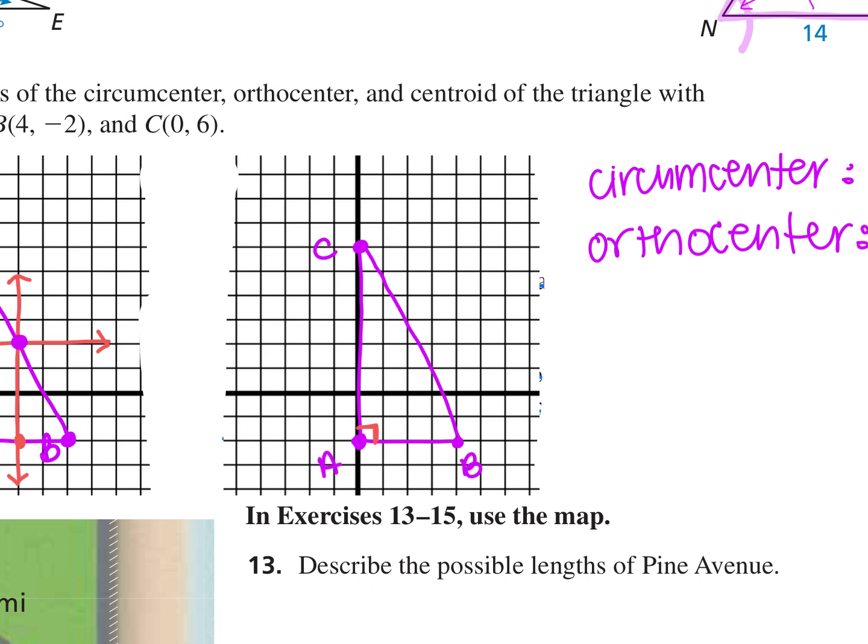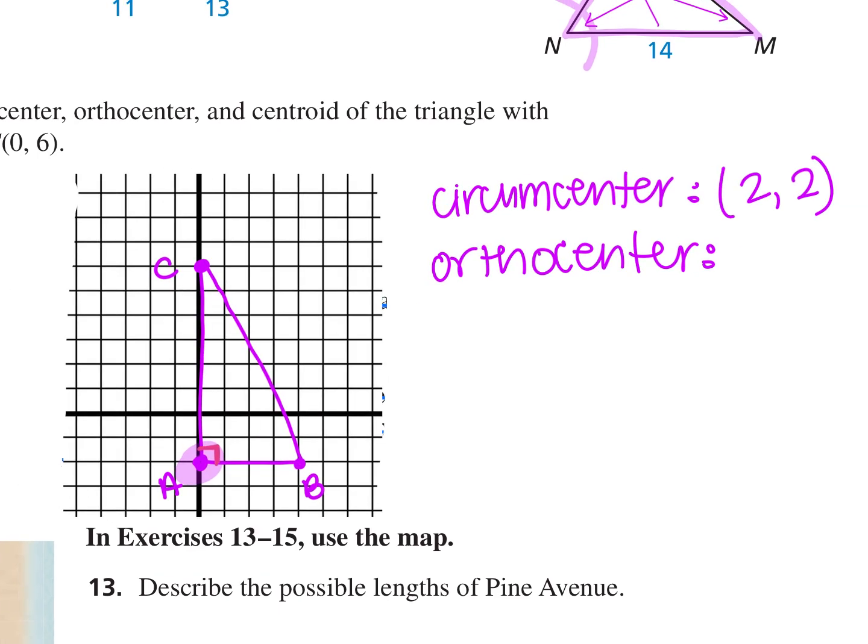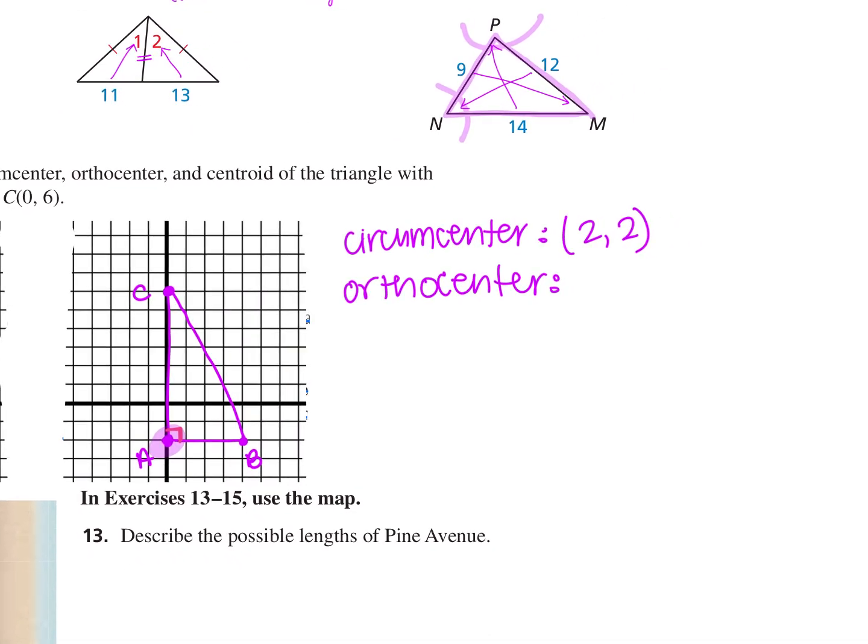Good. Your orthocenter for a right triangle is always at that right angle vertex. So I don't have to do any work for this one. I can go ahead and write my answer, which is going to be point A. And A was at 0, -2.